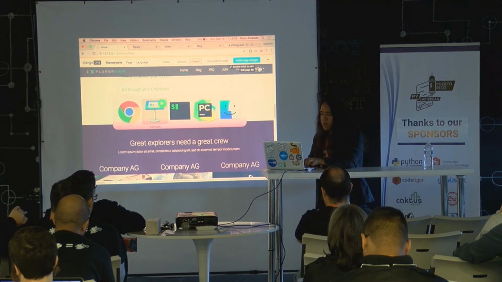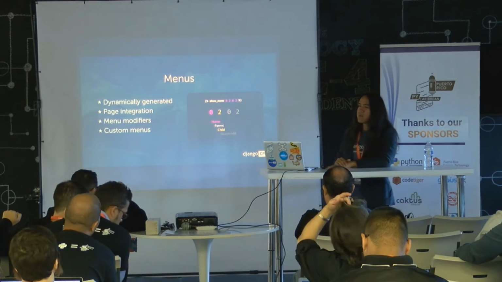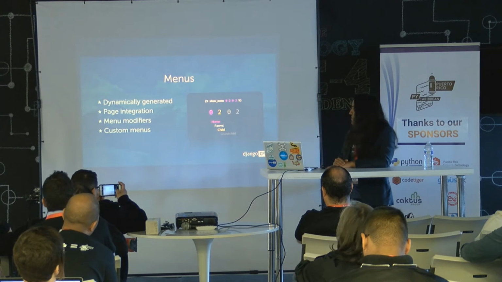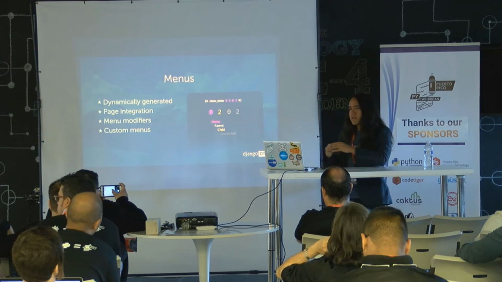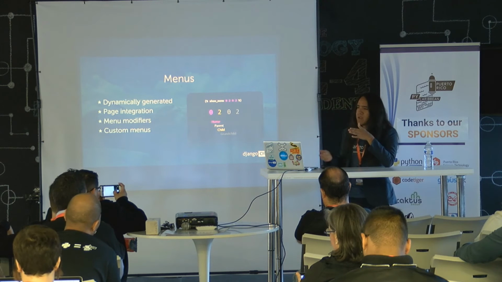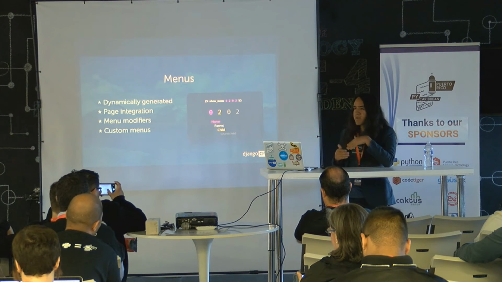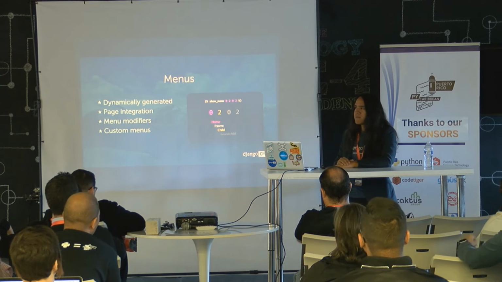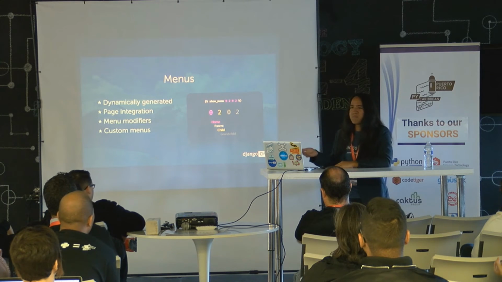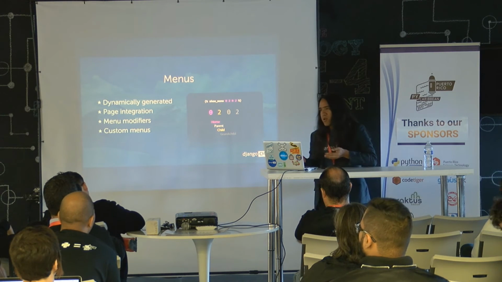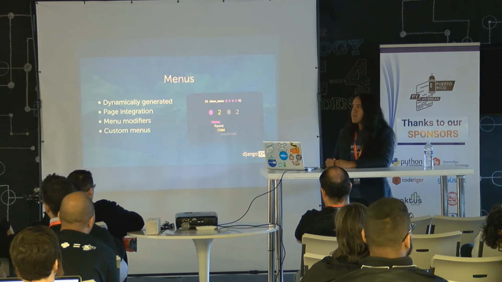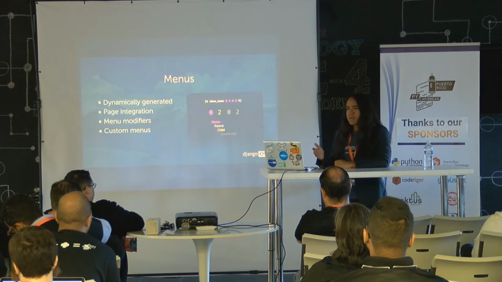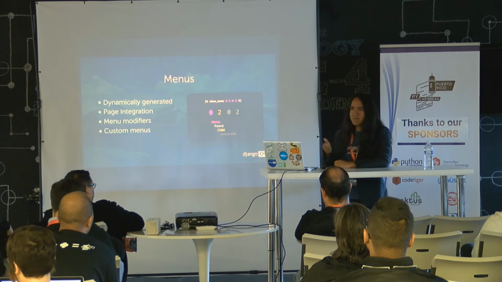And menus can also be customized using what we call modifiers. So a modifier would basically take a list of navigation nodes, and you can set attributes on them based on certain conditions. For example, if I have nodes in my navigation where the title starts with a B, like blog, I can say every node that starts with a B is going to have a B icon, like PyViewer.